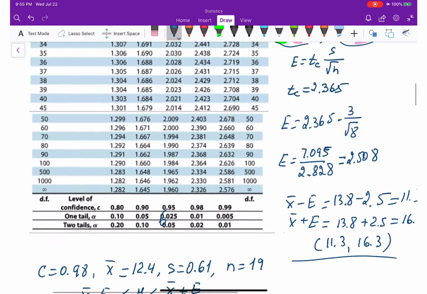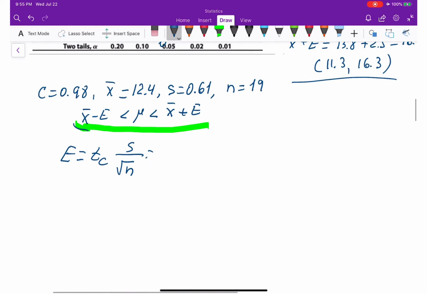All right, let's write down 2.552 multiply S is equal 0.61, standard deviation of the sample, over square root of 19.